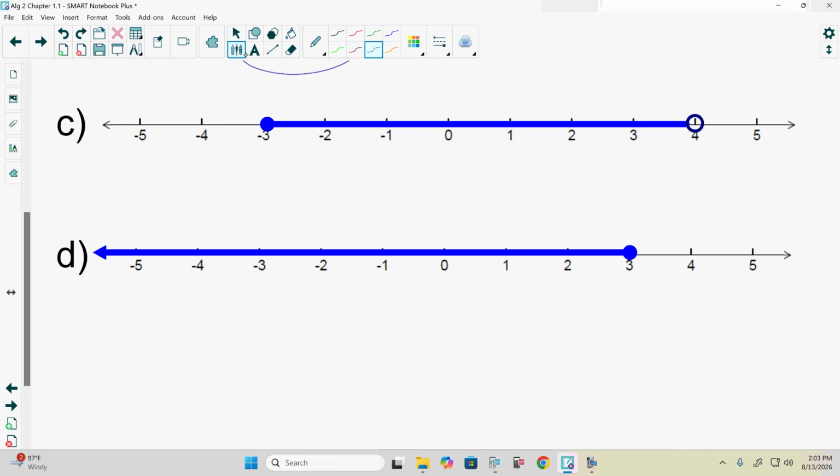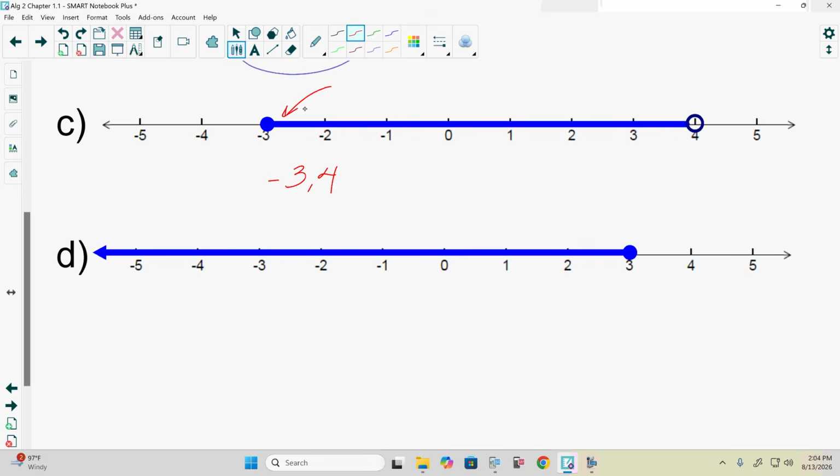Well, the way I look at this a lot of times is we see the two endpoints, -3 and 4. We're going to put a comma between them because we're saying it starts at -3, it ends at 4. Now we're determining if one or both are included. As we look at -3, we see, is that circle filled in or not?